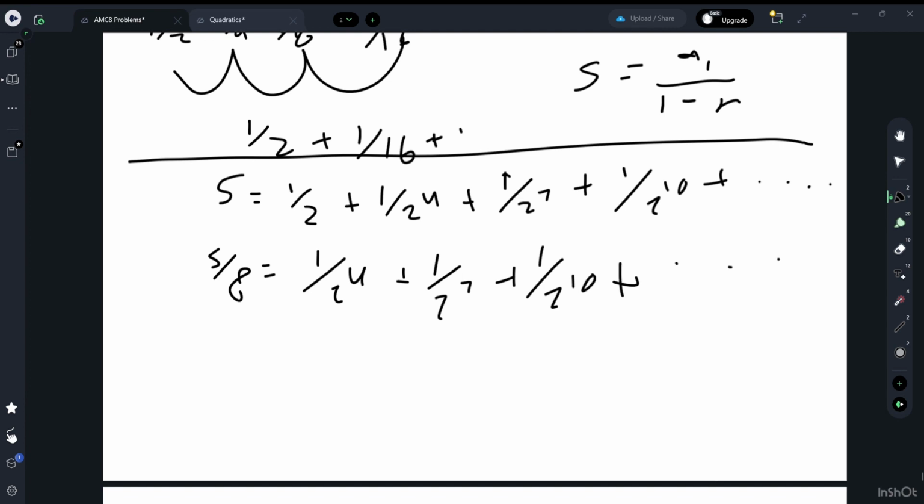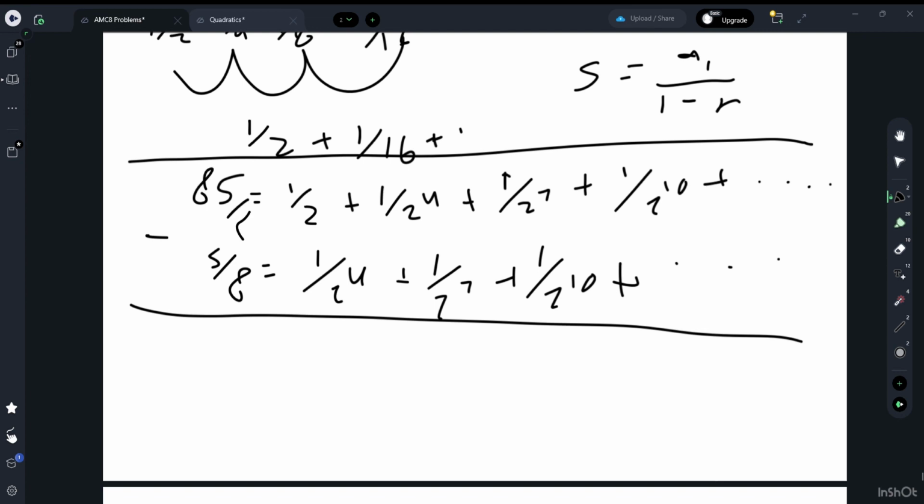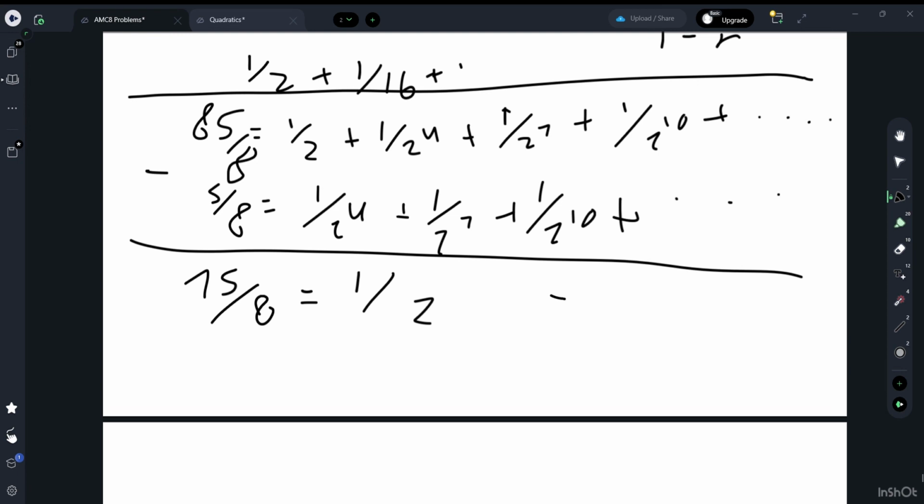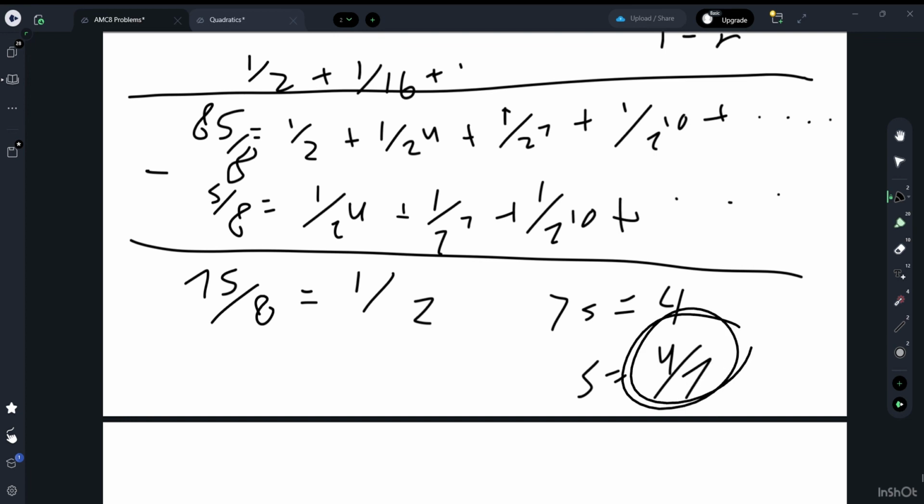Now let's subtract these two equations. Well, let's see, what's S minus S/8? Well, S is basically 8S/8, so this is 7S/8 is equal to 1/2. Multiply by 8 on both sides, so 7S is equal to 4, and S is equal to 4/7. So the sum is 4/7.